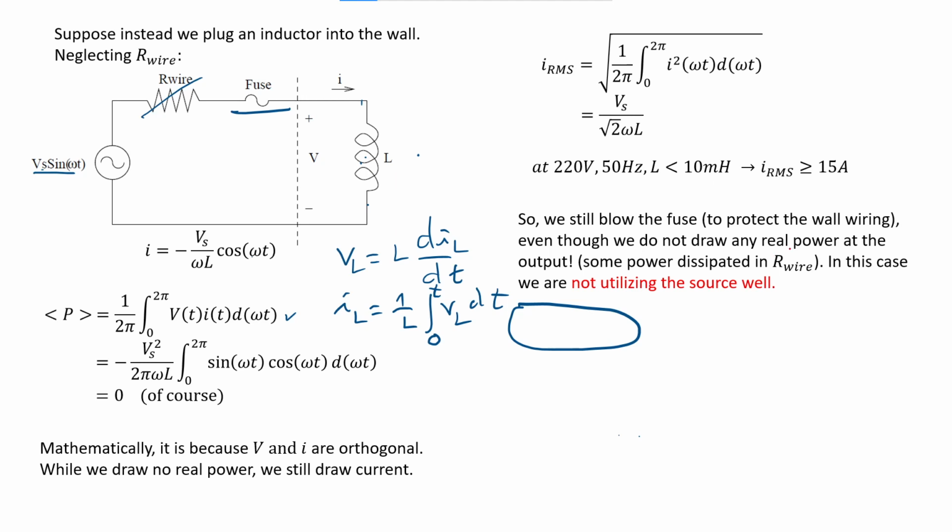Let's say you have an inductor and you have another component that you want the power to transfer to. But if the inductor is too big, much of the power is stored in the inductor but not used by the other component that needs the power. You understand the concept? So it means you utilize your source poorly, and the power factor you calculate would be very small.